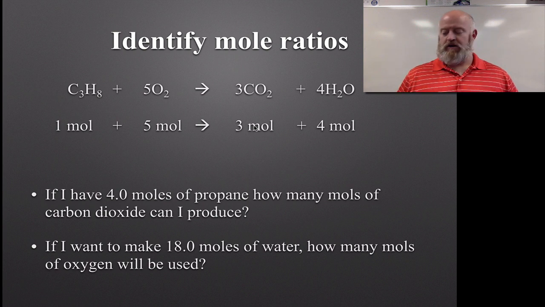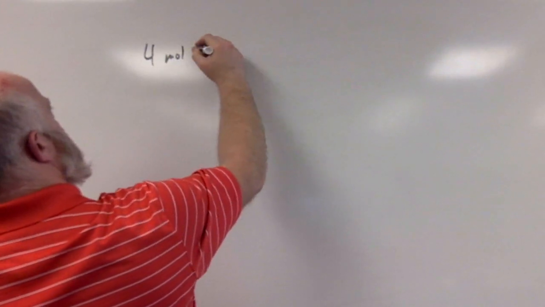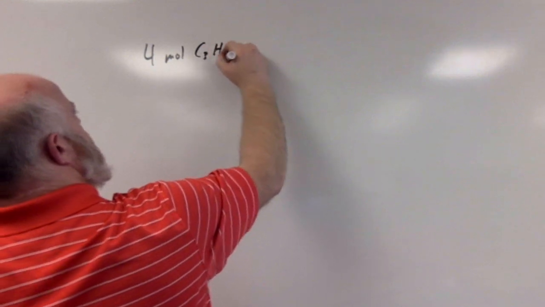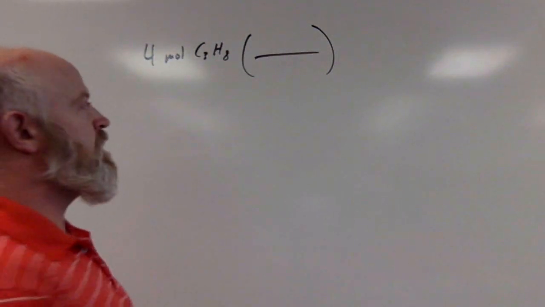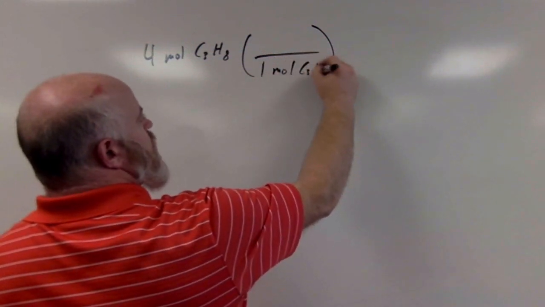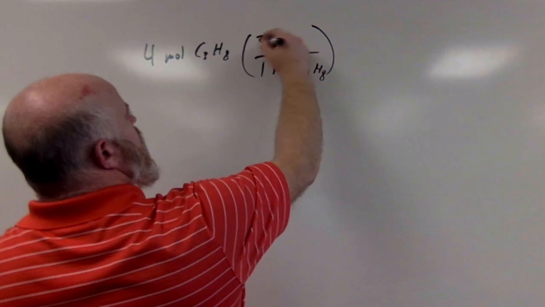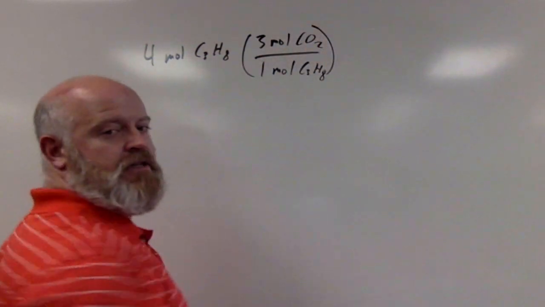Awesome. Now, if we want to look at that through the concept of dimensional analysis to give an idea of what we're talking about here, if we have 4 moles of propane, the equality there is that we know that we have 1 mole of propane for every 3 moles of our carbon dioxide.